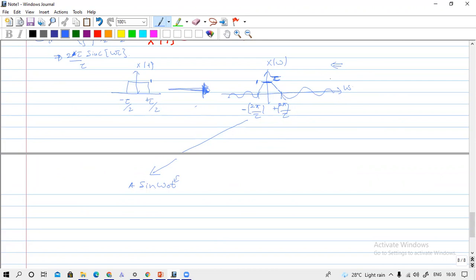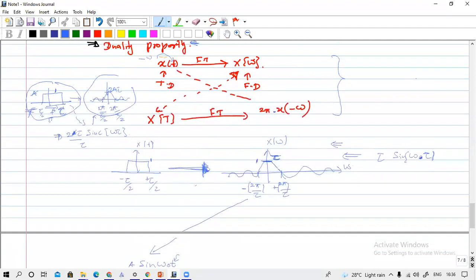For this signal, if I write the transform, it is tau sinc(omega tau). Sorry, not omega naught, omega tau. So this is tau sinc(omega tau). Did I make any mistake? I hope not.